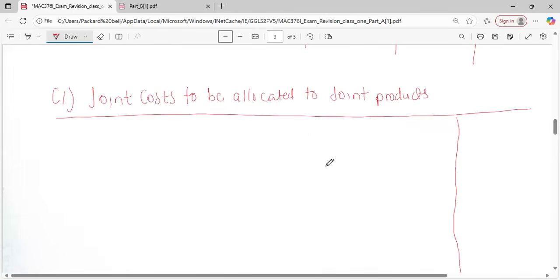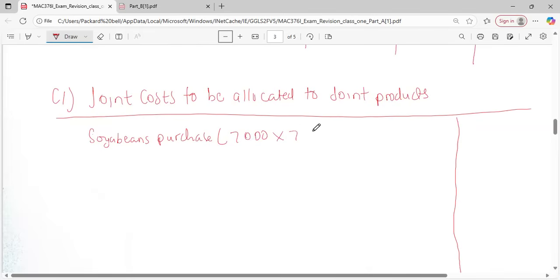Right, so which means we need soybeans purchase. We have 7,000 tons at 7,300.